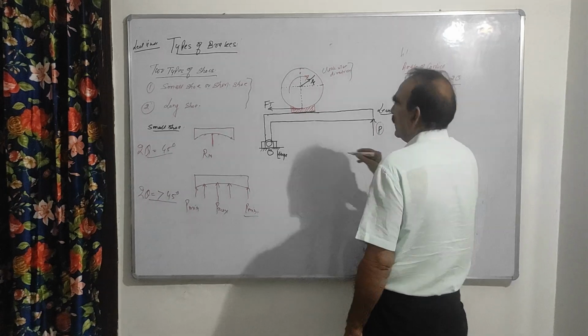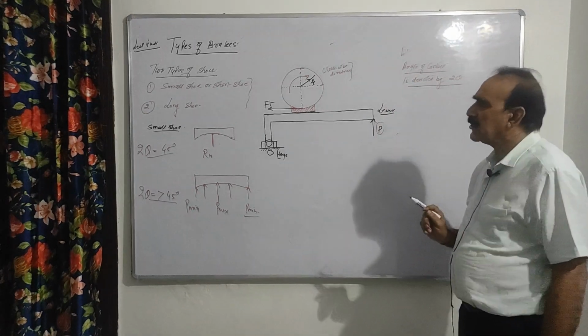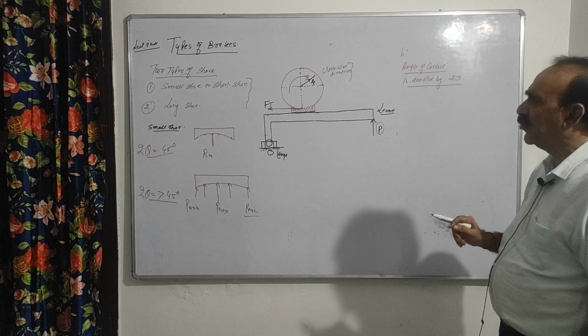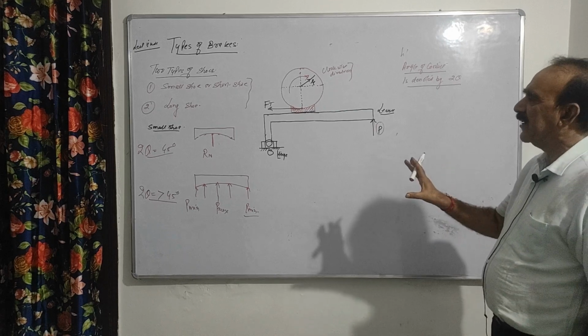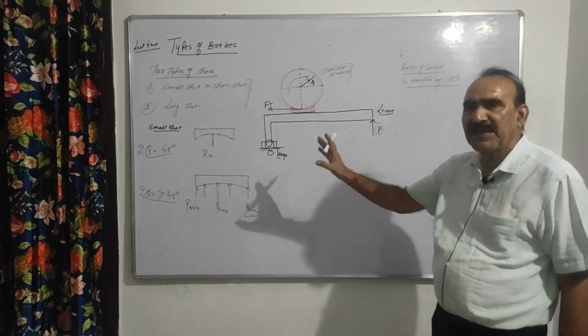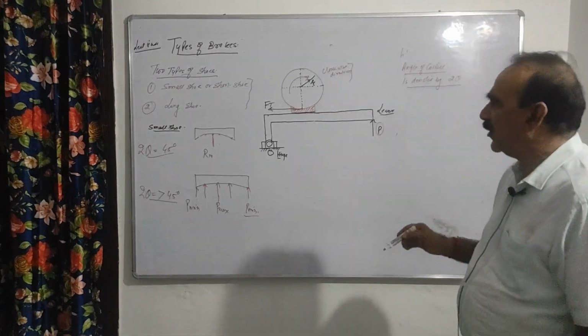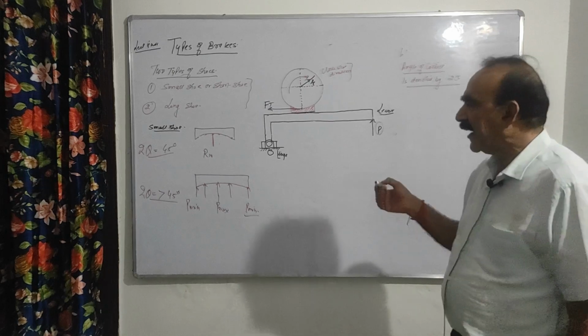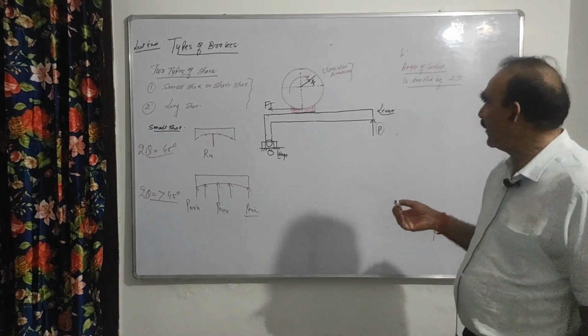So this is the difference between small shoe or short shoe and long shoe. There is only one difference here. First, the angle of contact should be 45 degrees or below in case of small shoe, and in case of long shoe greater than 45 degrees.